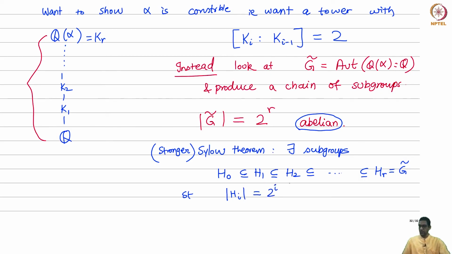Okay. Now once you have this, then you are done, because from a chain of subgroups, you just have to construct the corresponding tower of subfields by taking the fixed fields.